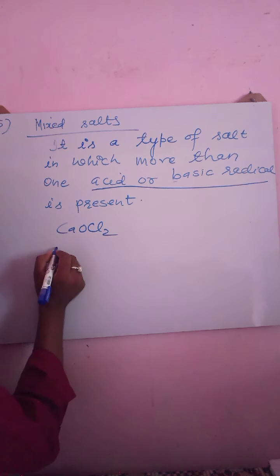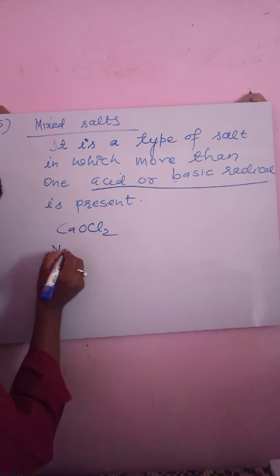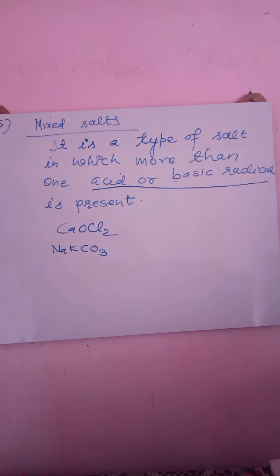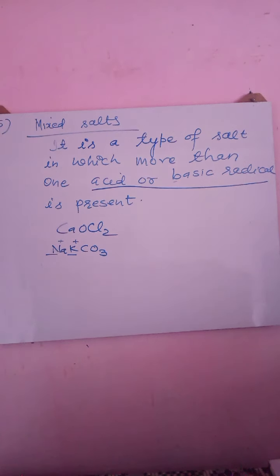Now come to another example of mixed salt: sodium potassium carbonate. Here more than one basic radical is present, sodium plus radical and potassium plus radical. Clear? From the examples it is clear. Mixed salt contains more than one acid or basic radical.